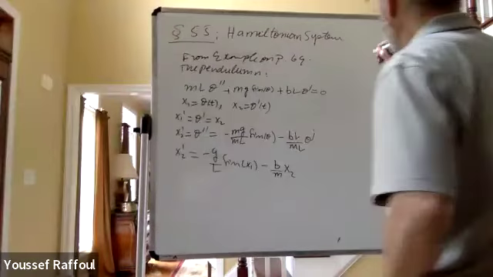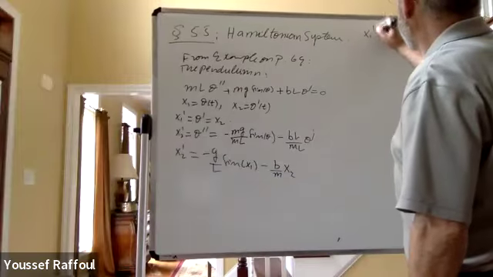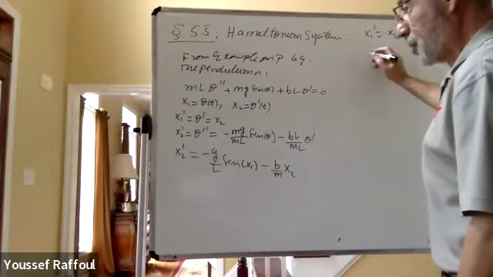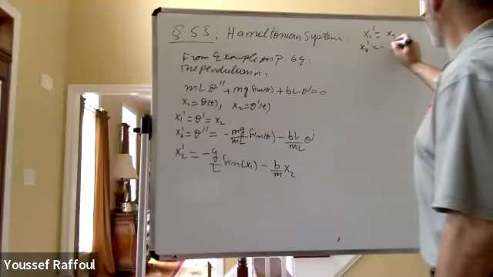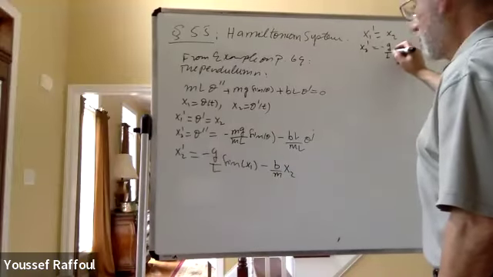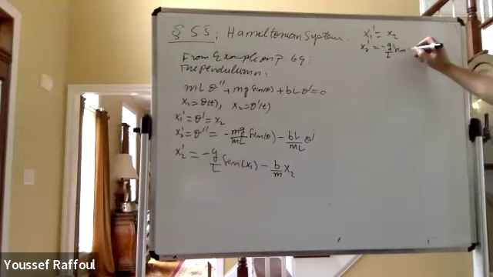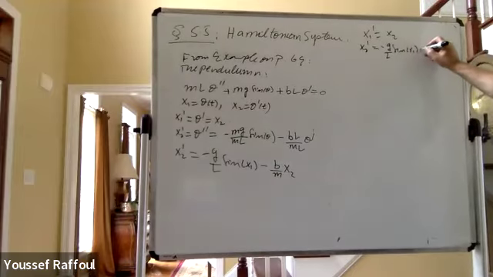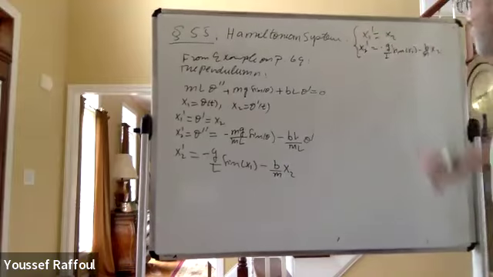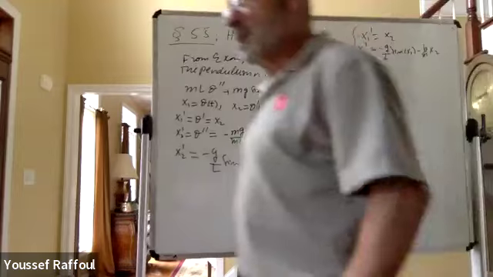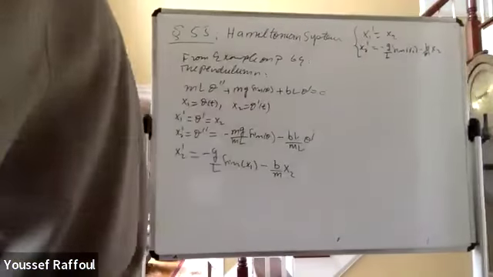So we have the equation of the pendulum, x1 prime equal x2, and x2 prime equal minus g over l sine x1 minus b over m x2. So this is in system form.